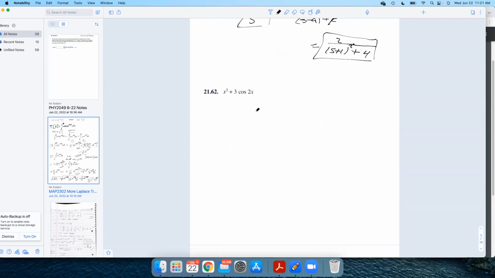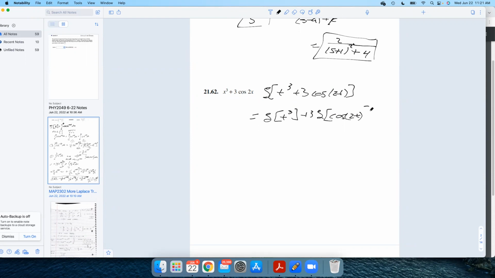Okay, here we've got this sum of functions. The Laplace transform is a linear operator, meaning you can distribute over addition and you can pull constants out. So the Laplace transform of t cubed plus 3 cosine of 2t is the Laplace transform of t cubed plus 3 times the Laplace transform cosine 2t.